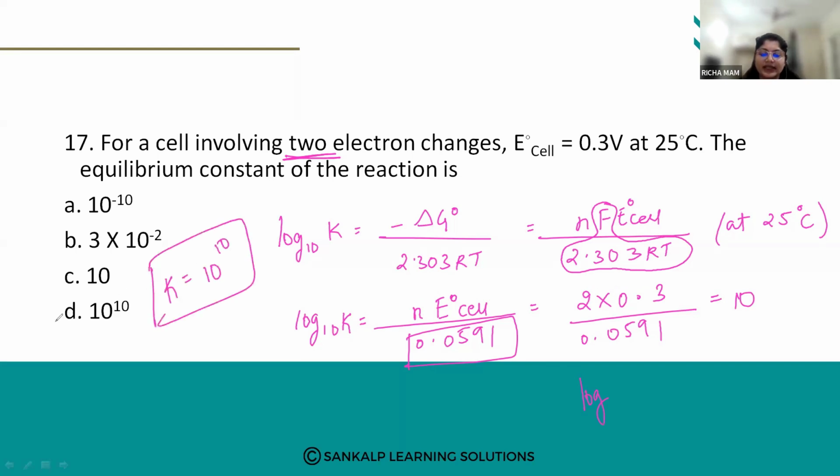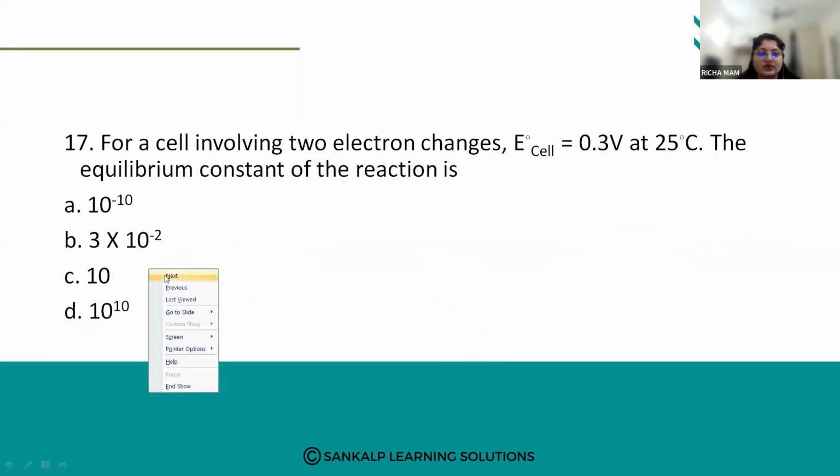So option number D. You need to know how to take the anti-log. Yes, Lubna has answered it correct. 10 raised to 10 is the answer. When you're calculating the equilibrium constant, please note down this formula which has to be used. Fine. Let us go for the next one.